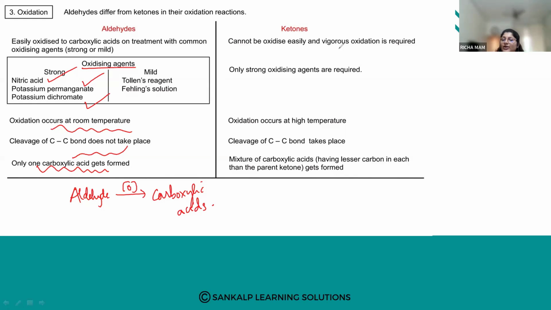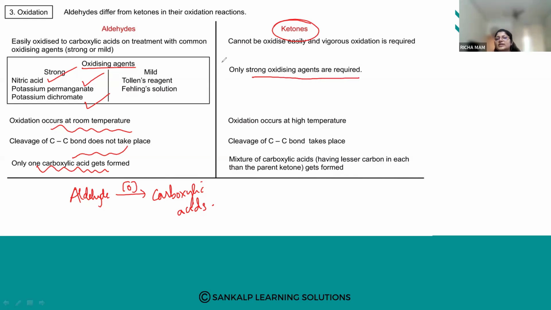Vigorous oxidation is required when we are oxidizing ketones. So it cannot be easily oxidized. Only strong oxidizing agents can be used.